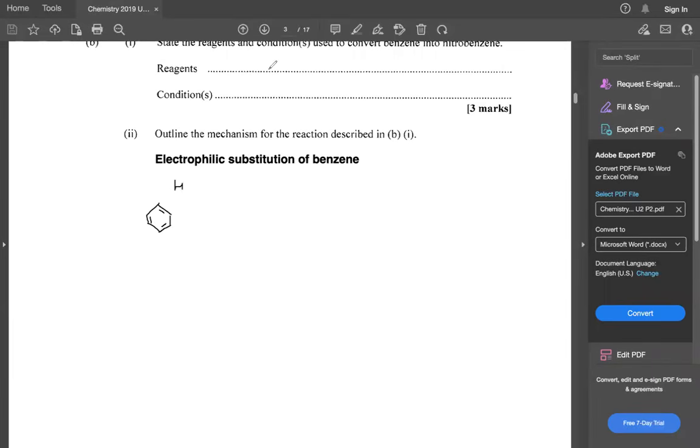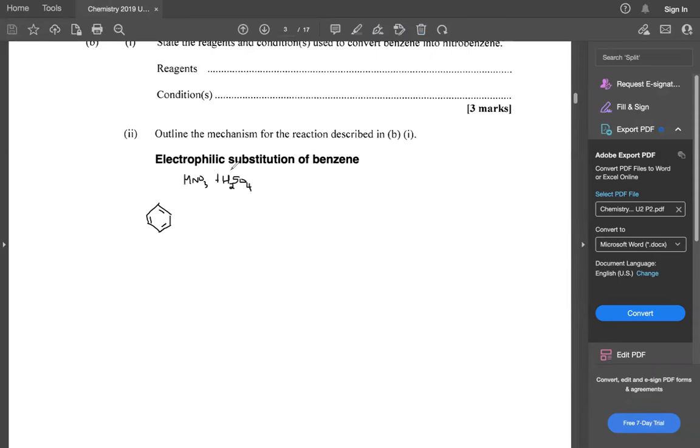So we are reacting our nitrating mixture, which consists of HNO3 and sulfuric acid, and that's for a reason, because that's how we're going to generate our new electrophile that's going to come in and attack this benzene ring, right? So this is how we generate that.